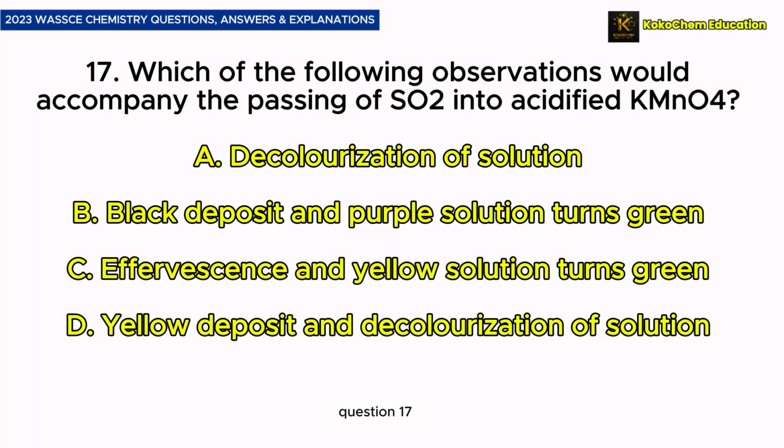Question 17. Which of the following observations would accompany the passing of sulfur(IV) oxide into acidified KMnO4? A. Decolorization of solution. B. Black deposit and purple solution turns green.